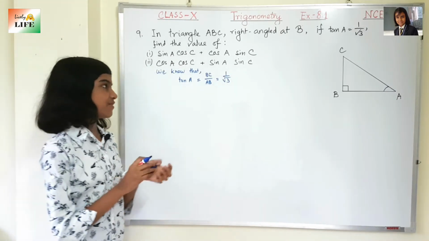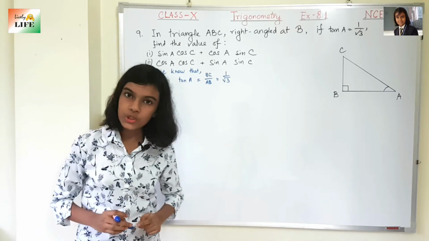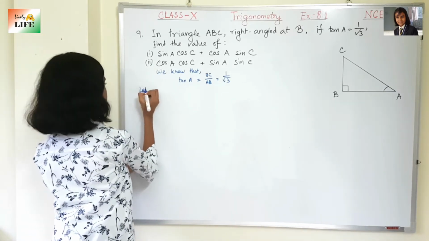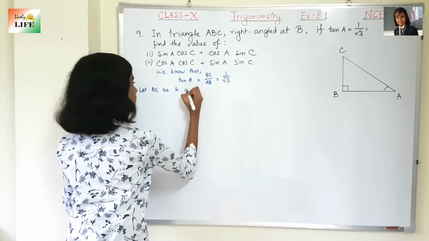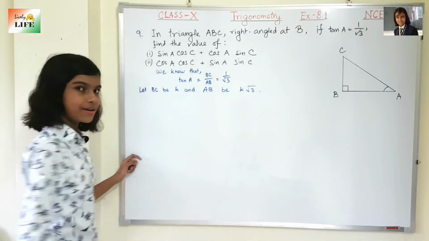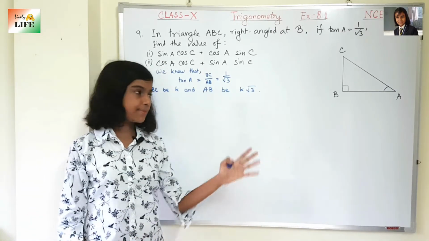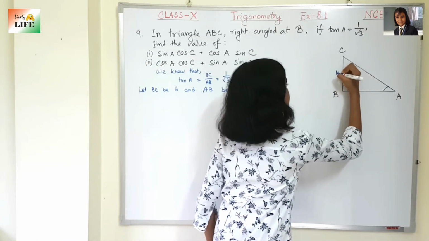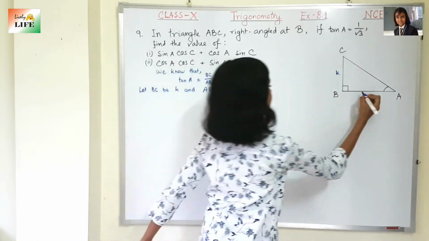Okay, so what we can say? We can say that BC by AB is equal to 1 by root 3. Now, let BC be K and AB be K root 3. So what is BC? BC is K and AB is K root 3.